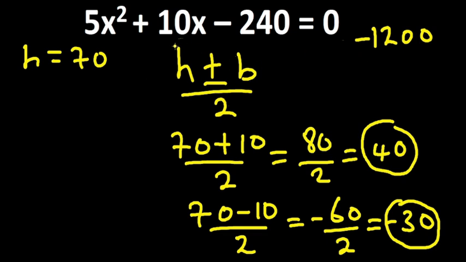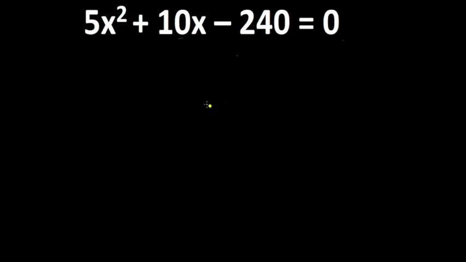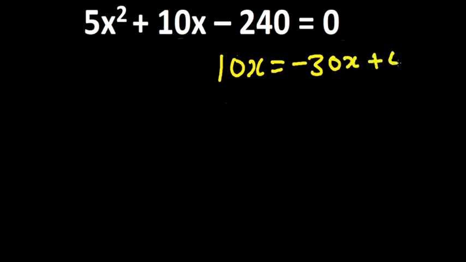Now to factorize it, we're going to simply replace 10x with negative 30x plus 40x in the equation.